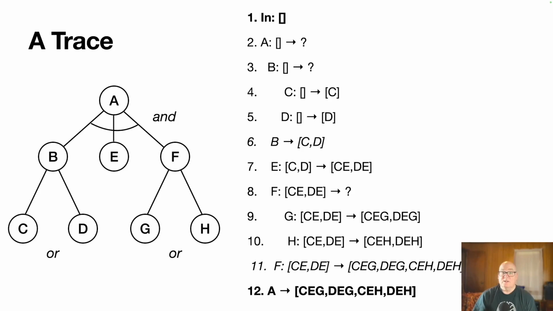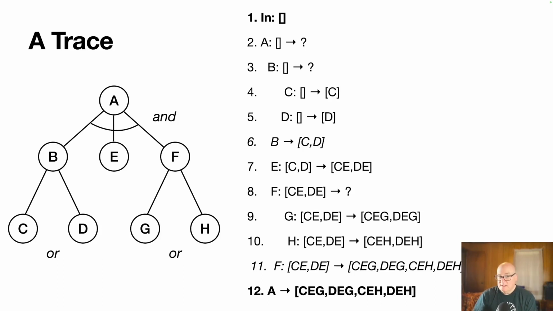And so given that, we merge those 2 sets of scenarios, and C is one scenario, D is the other. Then we're back up to A and we're saying, now you take your E node and do that.